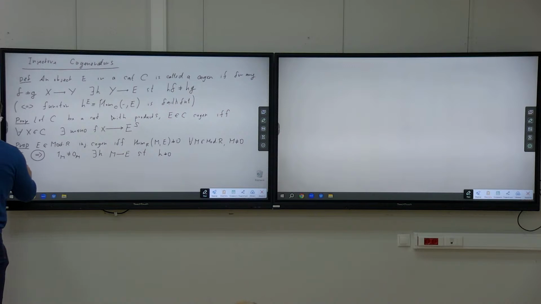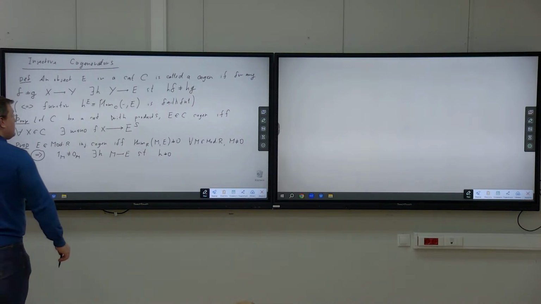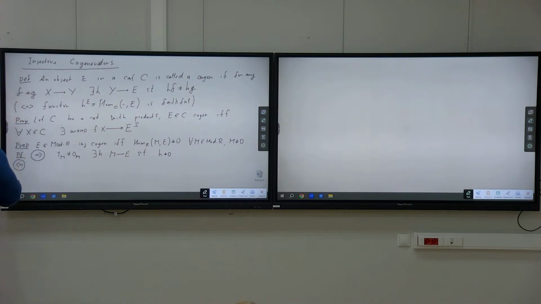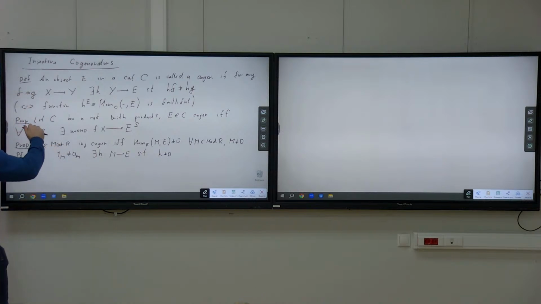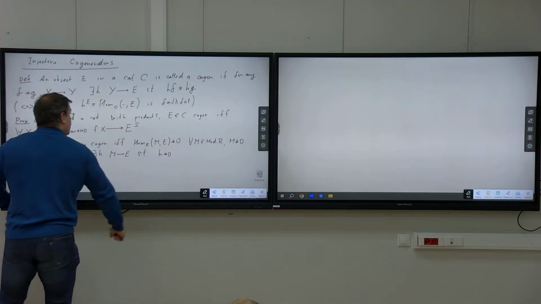Now, the other direction is a little bit more, but still quite simple. So suppose this property about the Homs is satisfied.